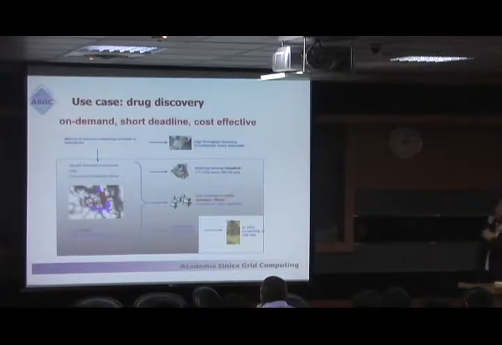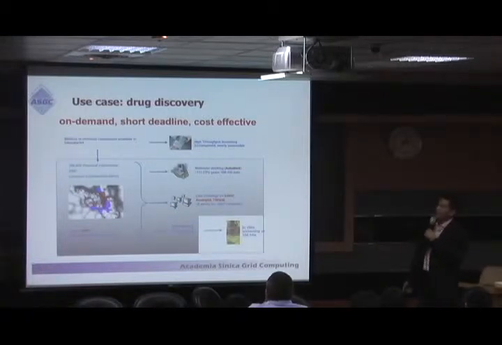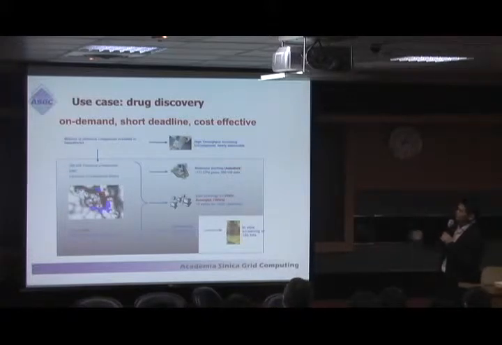So in this use case, the grid provides you on-demand resources, and what the users can benefit is to reduce the cost, and sometimes for emergency disease, this is something very useful.